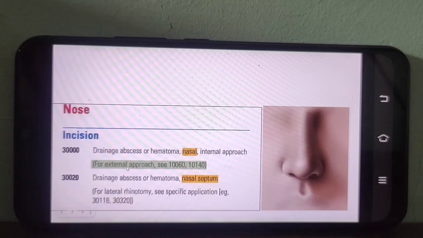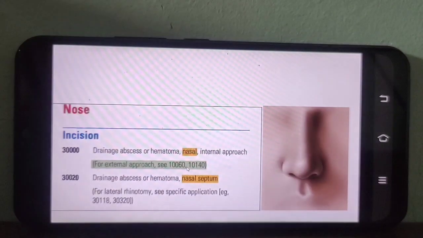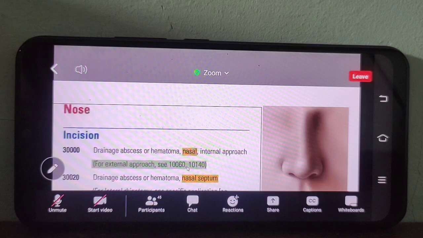Under the code description they clearly mention that for external approach, go for the 1 series. Sometimes that will be the answer. For external approach, go for the 1 series; internal approach, go for the 3 series.